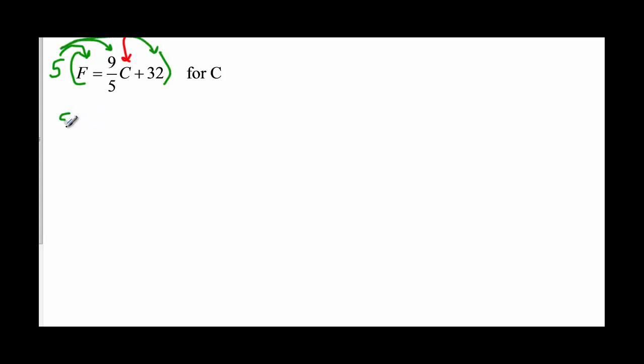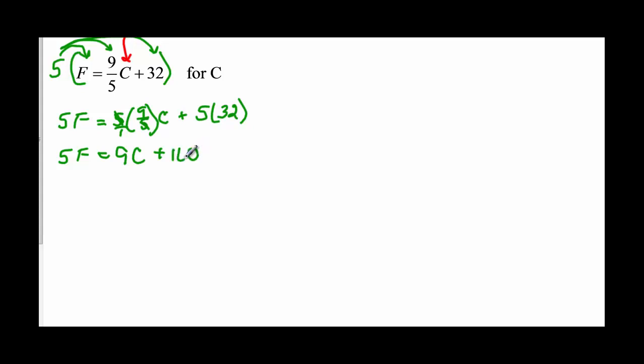But we can rewrite this as 5 times f equal to 5 times 9 over 5 times c, plus 5 times 32. If I write the 5 times everything, then I won't forget. Okay, this is still 5f equal to, this 5 is a denominator, and remember this is like over 1, so it's a numerator. And so I have 9c left, plus 5 times 32, and 5 times 32 is 160.